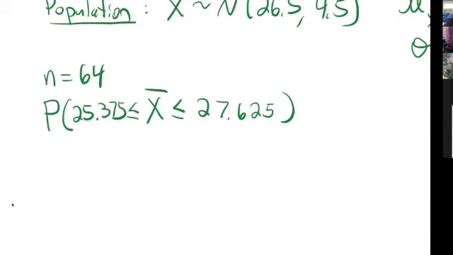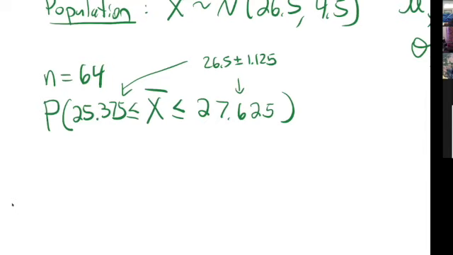So this is asking us how likely is it that we pick a sample mean of size 64, and that mean is going to be between 25.375 and 27.625. Those values came from going above by 1.125 and below by 1.125.